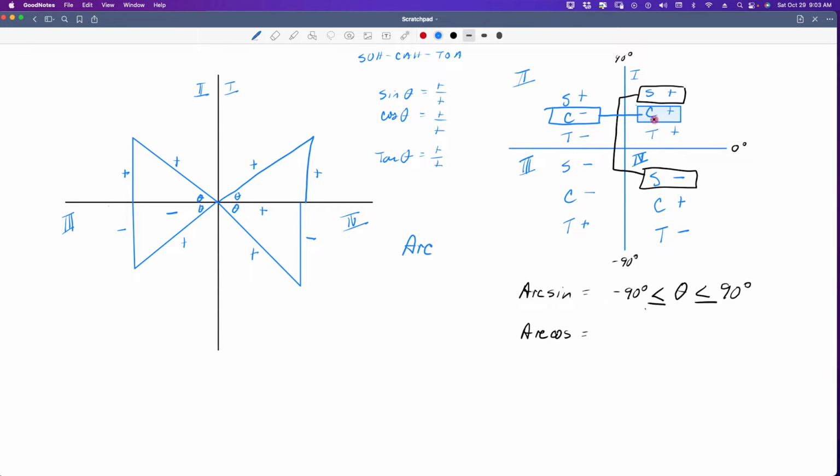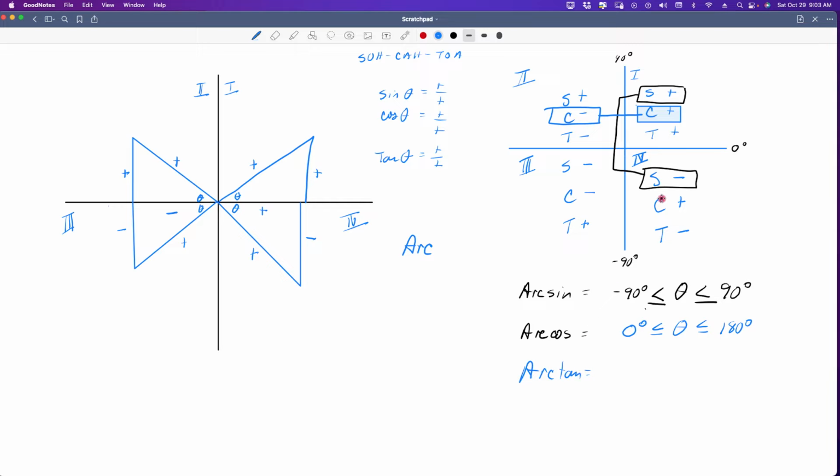So our limitations here are going to be 0 degrees all the way around to 180 degrees. And that's going to give us a positive cosine and a negative cosine, so we can solve for either situation that we are given. All right, and then our last one is arc tan.